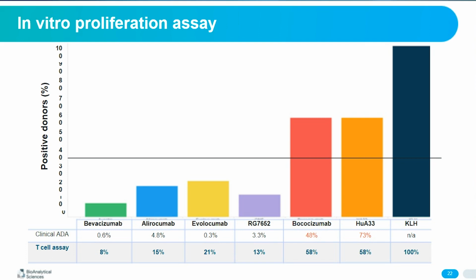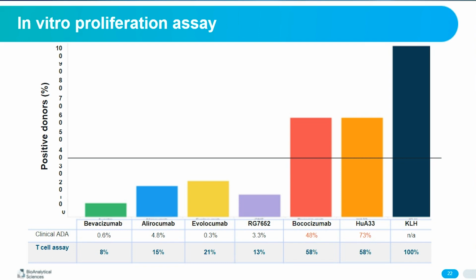You can see here very clearly that the highly immunogenic biotherapeutics that we have tested, bococizumab and HA33, were shown to be more immunogenic, leading to more positive donors than the other biotherapeutics. Bococizumab was much higher than the other PCSK9 antibodies, suggesting that it will be more immunogenic in the clinic.